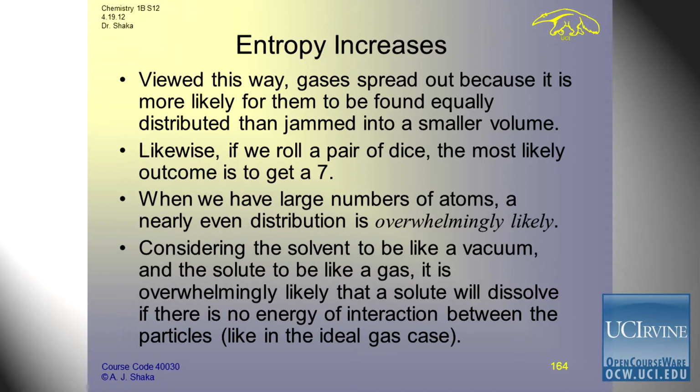It's only when you start taking exact scenarios where you have to start considering how atoms interact together, etc. So it's unlikely for them to be found jammed into a smaller volume. Likewise, and again, it's just going back to statistics, if we roll a pair of dice, the most likely outcome is to get a 7. So when we have large numbers of atoms, a nearly even distribution is overwhelmingly likely.